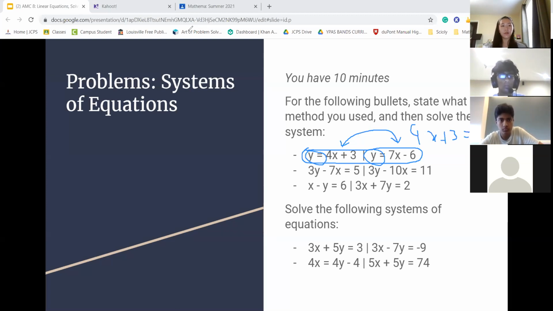A few of you are saying elimination, which is probably the best method because you can see that there's a 3y in both of these. So if you subtract this equation from this equation or the other way around, you can eliminate the y's so you can solve for x that way.